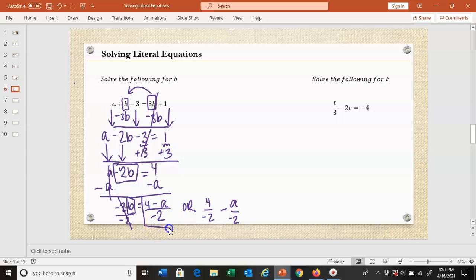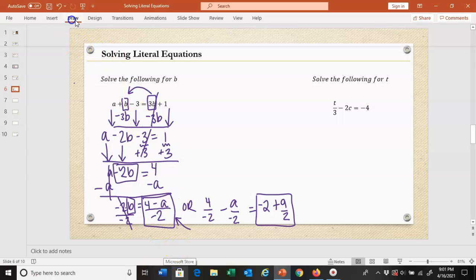And so you could leave it like this, or we could even reduce, right? 4 over negative 2 is negative 2, and negative a over negative 2 is a positive a. We just did that negative divided by negative. Both of these answers are the same. It's just that essentially in this one, they found a common denominator.